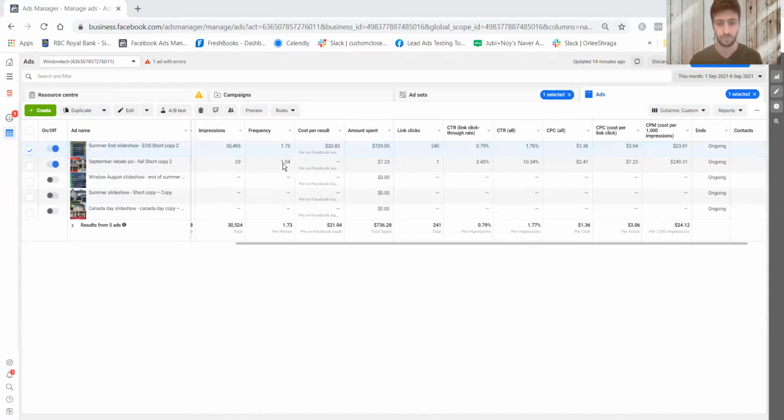Okay. Now it's also very important to know that maybe you need to change your campaign objective. So if you want to generate leads, you're going to go either with a conversion campaign, if you want to use a landing page, for example, or with a lead generation campaign if you're using the on-Facebook lead form.